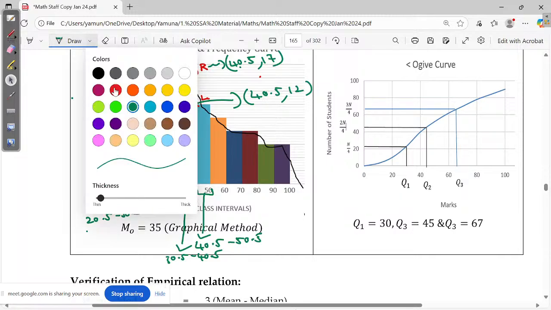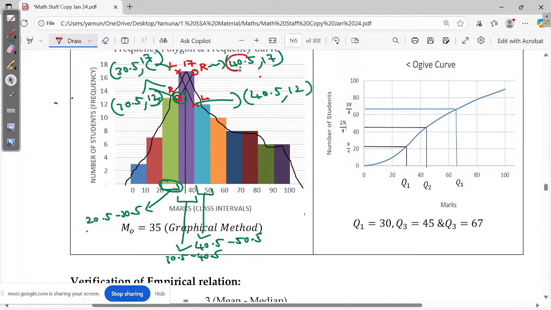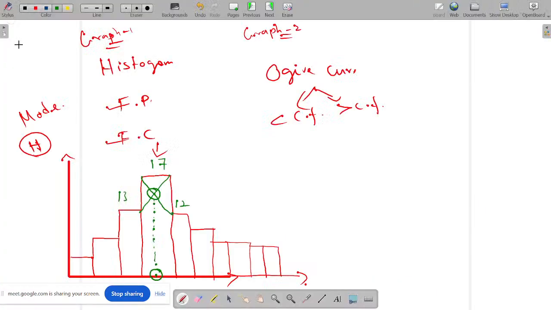So if you have a keen look, you'll find that here is 40.5, here is 13. And you have to subtract these two. Here is 40.5, here is 30.5, which means you will be subtracting these two values. Okay, please have a keen look. Exam is for the next one.